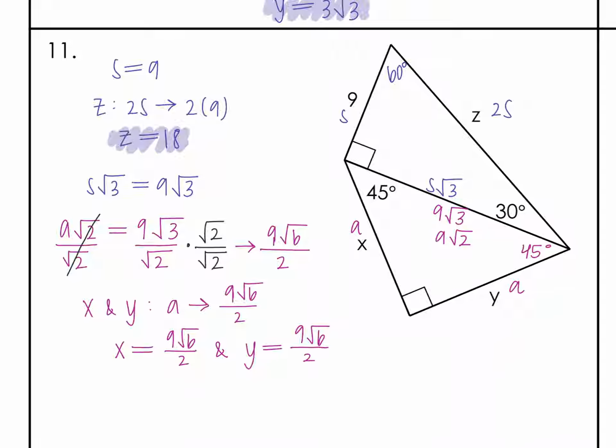Okay, so with these types of problems, color coding could be helpful, but also just changing the variable in which you're using the ratio for could also help you so that you know that it's not that same s root 3 down below in the 45, 45, 90.